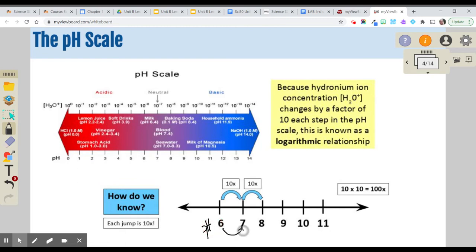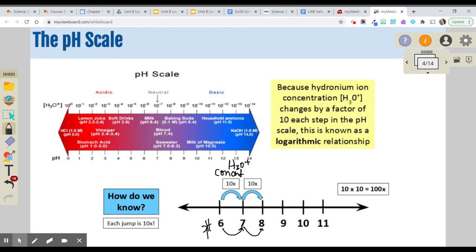Every time you increase by 1 in pH, it actually changes the concentration of the hydronium ion by 10 times. So you'd multiply the concentration by 10. Every single step in that pH scale means the next one has 10 times more or less hydronium ion concentration.